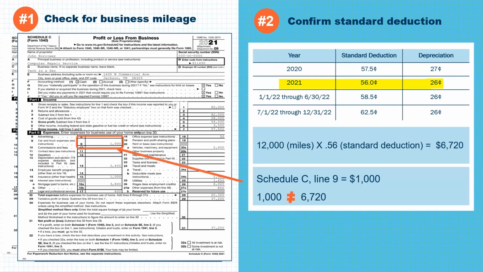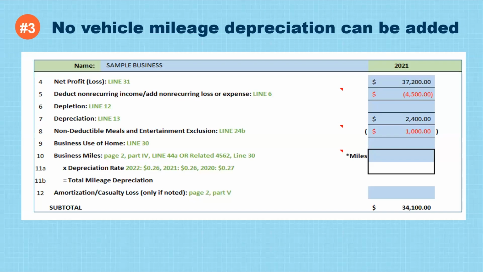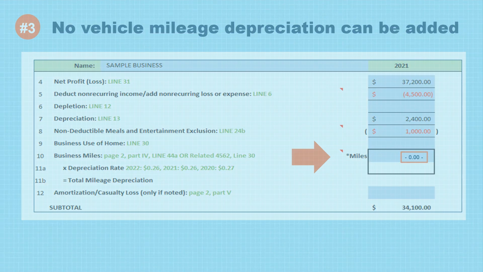And therefore, we know that standard deduction was not used. So in step number 3, no vehicle depreciation can be added back due to the fact that since actual expenses were used, depreciation is already included in line 13.